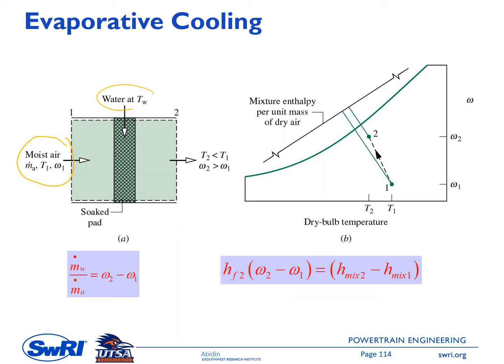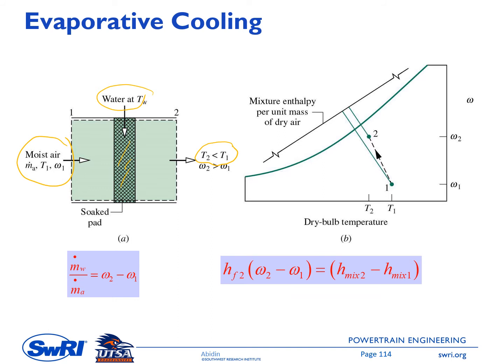So we have water at T omega, and there will be an evaporation of water here, so that the temperature at the exit will be lower. Why is the temperature at the exit lower? Because there will be energy taken from this moist air to evaporate the water. And because of this water evaporation, for sure, omega 2 is higher than omega 1.